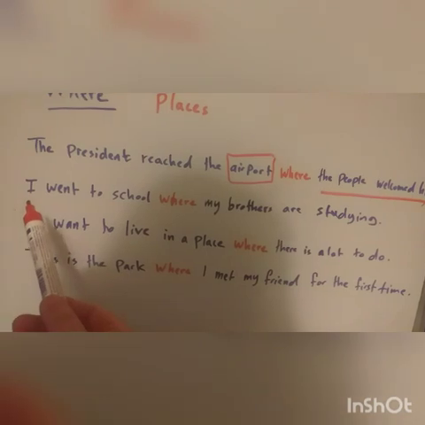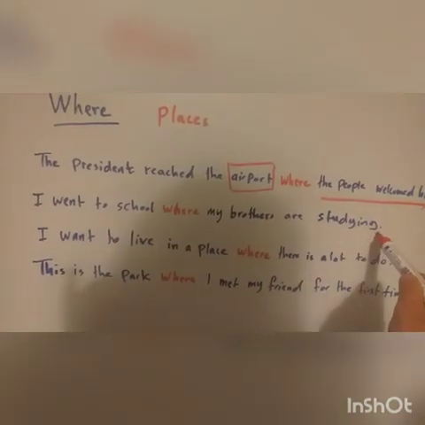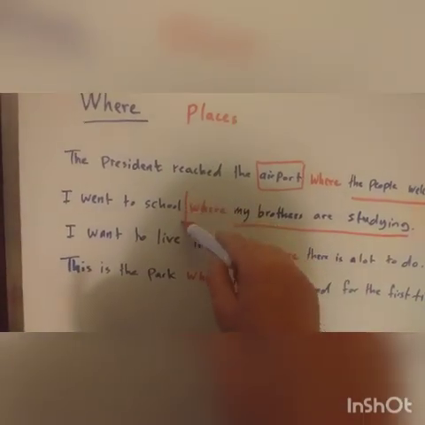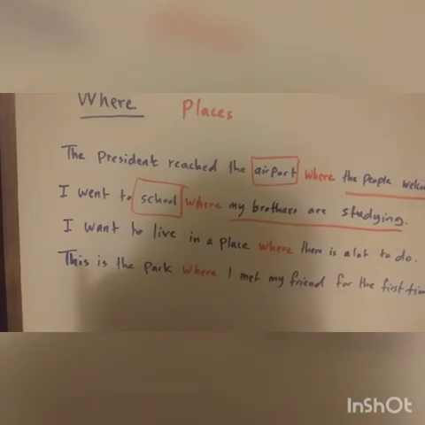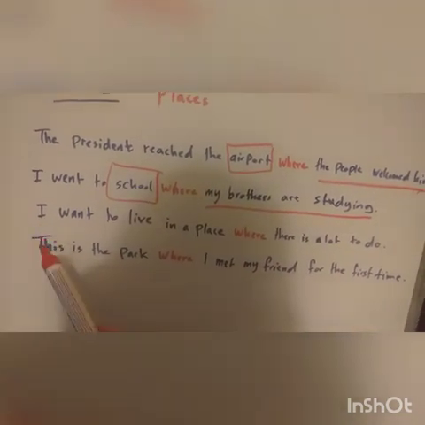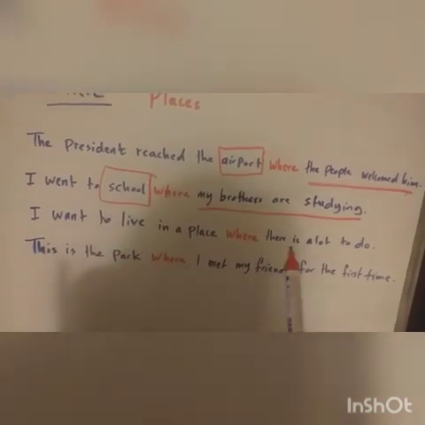The second example: I went to school where my brothers are studying. Here we have connected the place where my brothers are studying, which is the school, by using the relative pronoun where. The third example: I want to live in a place where there is a lot to do.